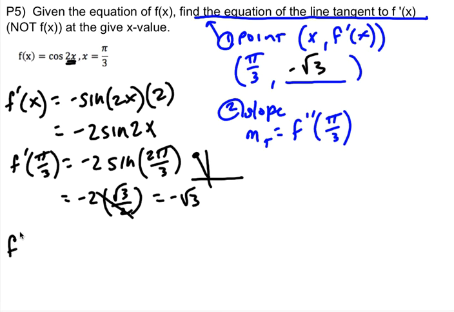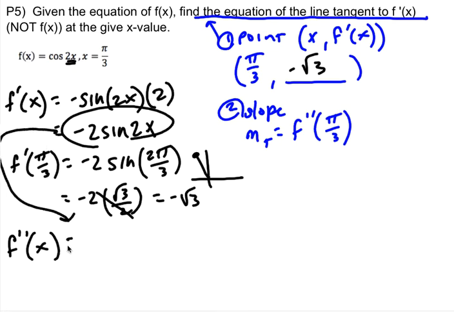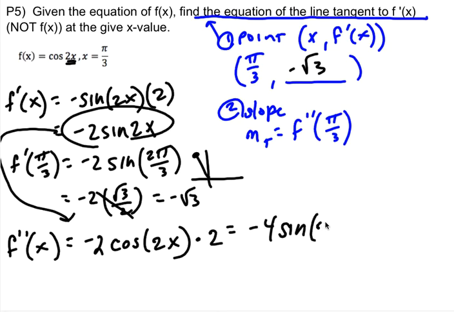I then need to differentiate again. So f double prime of x, if I come back up here, I'm going to come back up and differentiate f prime. Derivative of sine is cosine. So this is going to be a negative 2 cosine of 2x. That negative 2 is just a coefficient, times the derivative of the inside. So I'm going to get negative 4 cosine of 2x.